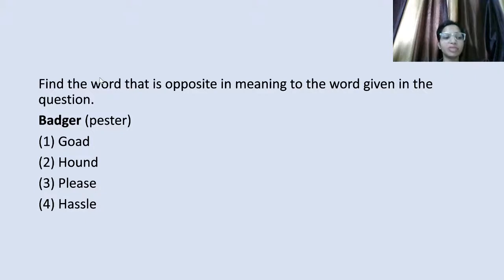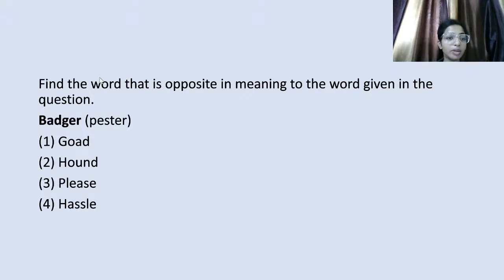I'll give you a couple of seconds because this is going to take a while to really figure out, and my timer will be on. Done.